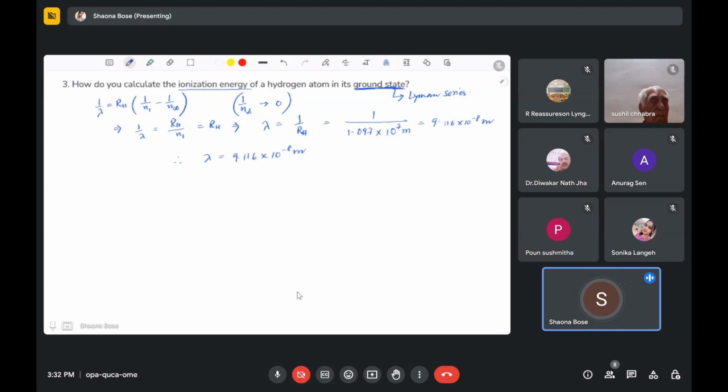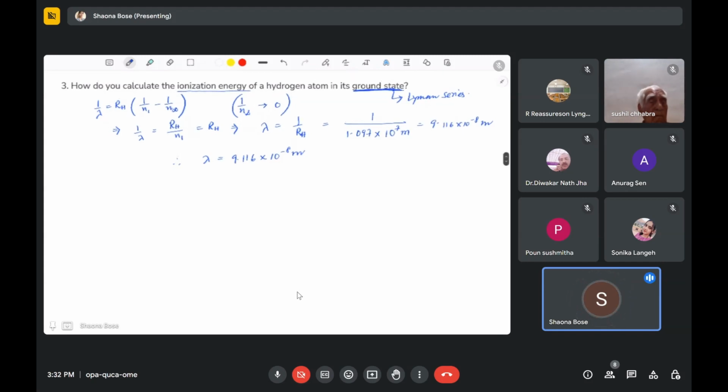Okay, so this is the wavelength associated with this particular transition. Now, in order to find the energy that corresponds to this transition, we need the frequency, right?